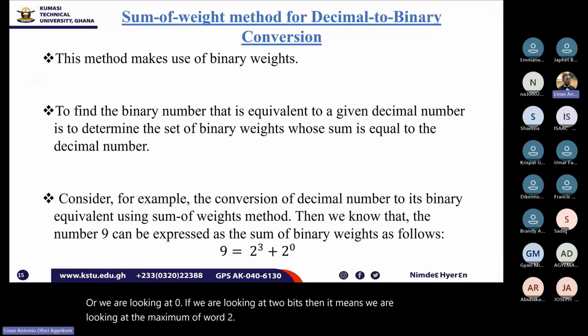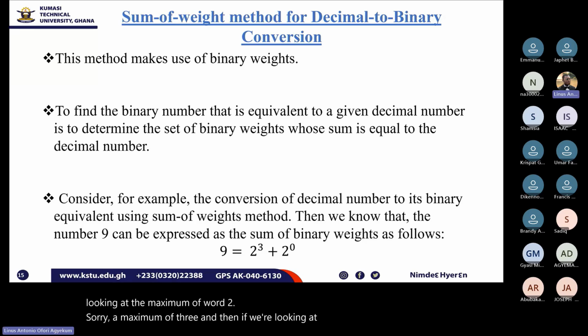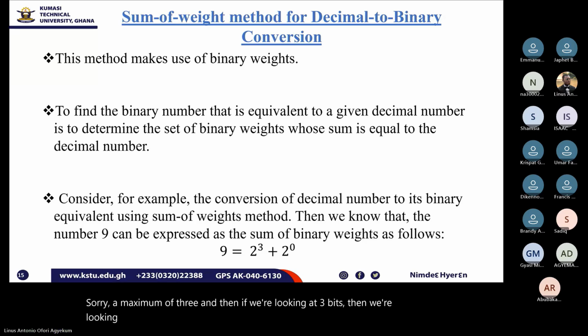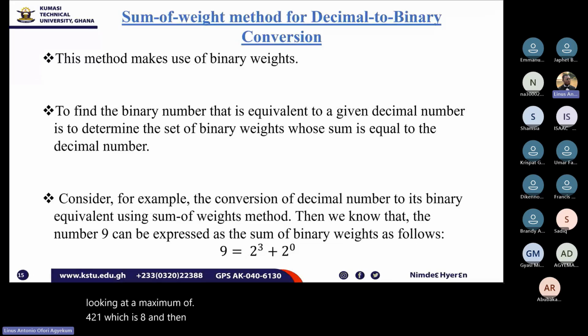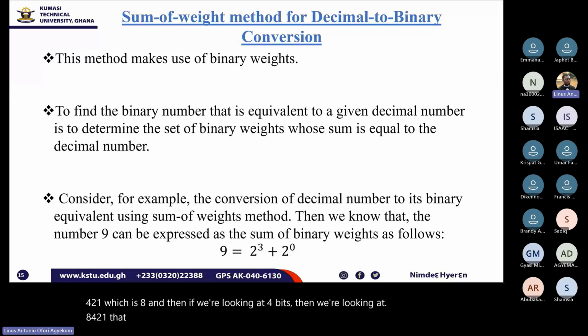Sorry, a maximum of 3. And then if we're looking at 3 bits, then we are looking at a maximum of 421, which is 8. And then if we're looking at 4 bits, then we are looking at 8421. That is position values 2 raised to the power 3, 2 raised to the power 2, 2 raised to the power 1, and 2 raised to the power 0.